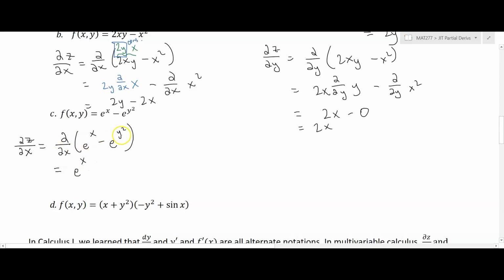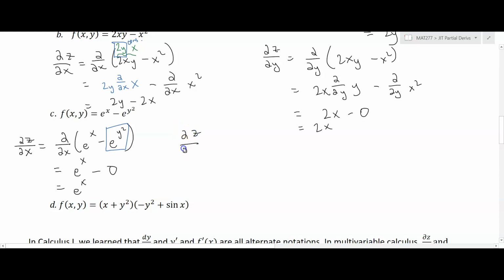So that's e to the x. Now e is a constant, y is being held constant, the square of a constant is a constant, raised to a constant power is a constant, so this whole thing is a constant. And the derivative of a constant is 0, and so we end up with just e to the x.